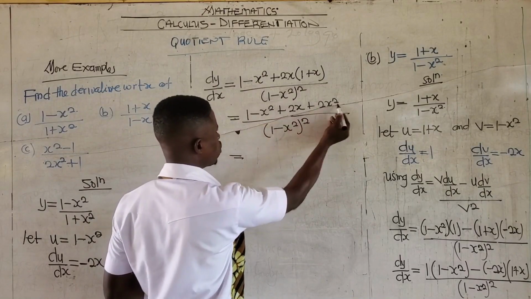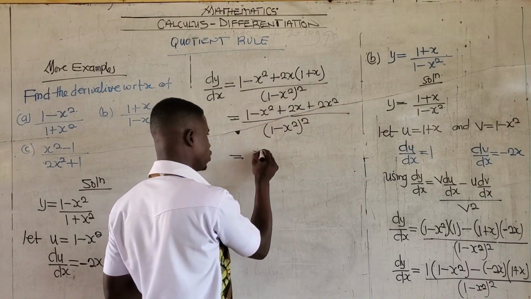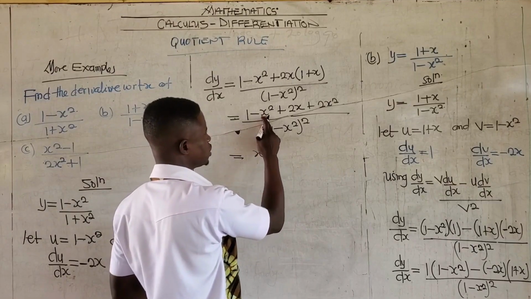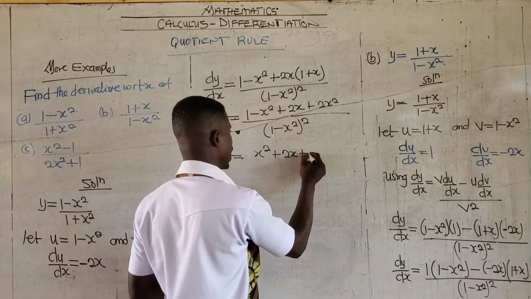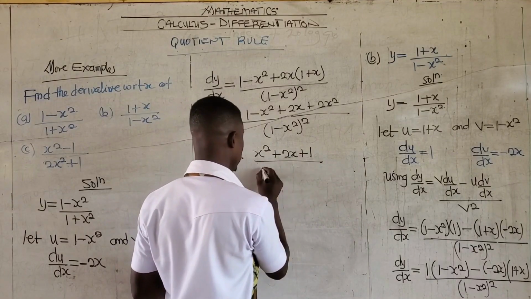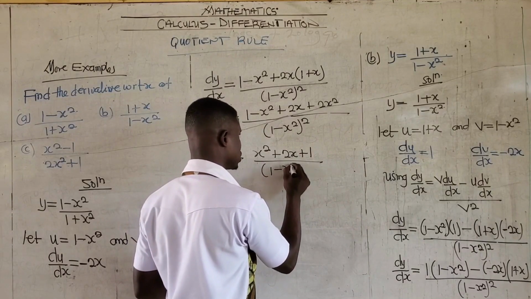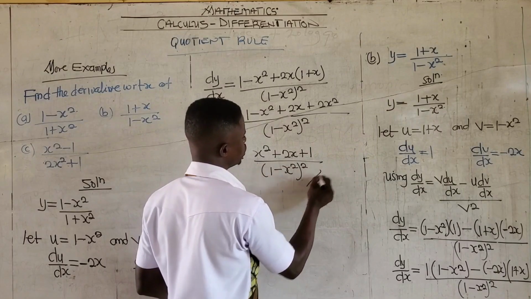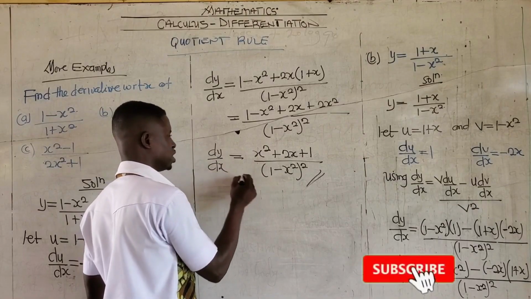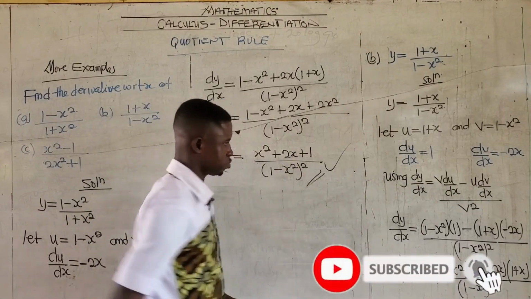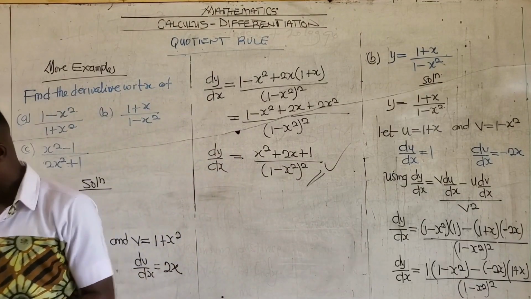We will subtract this from this one. So we are going to have x to the power 2, that is this and this. Then we will have plus 2x plus 1, all over 1 minus x squared all squared. So this is our final answer. Our dy over dx is equal to this.